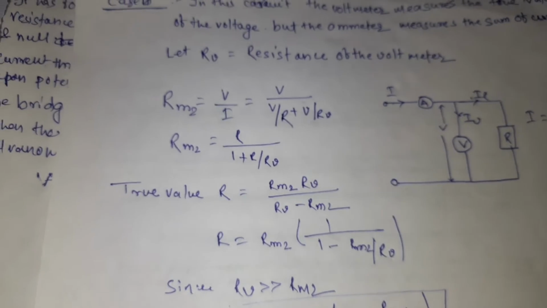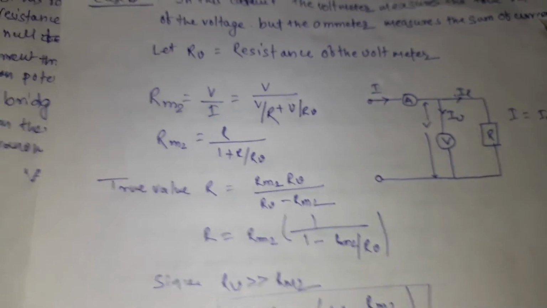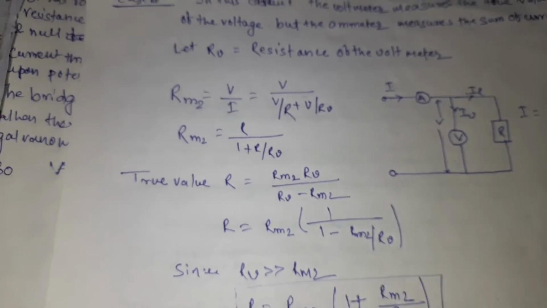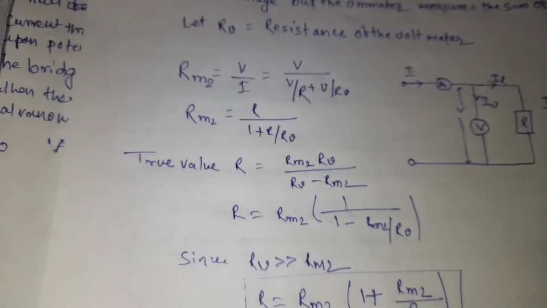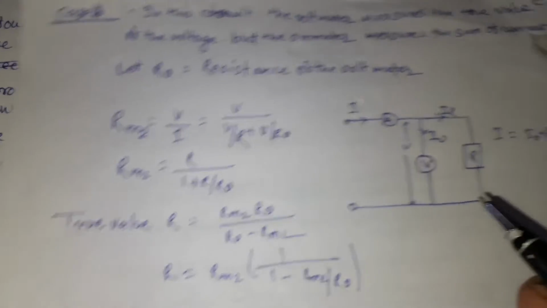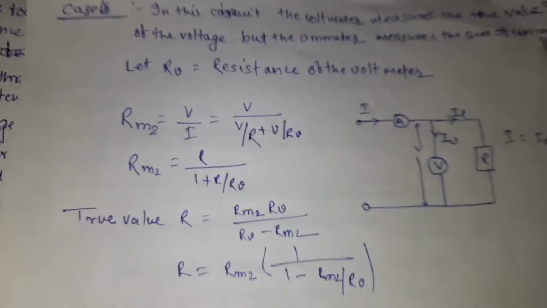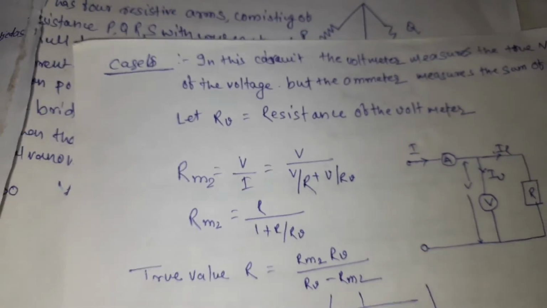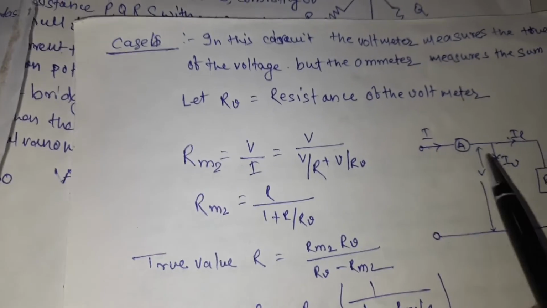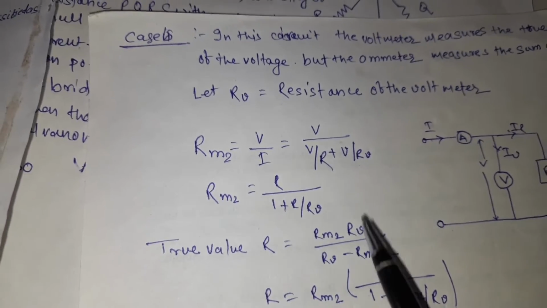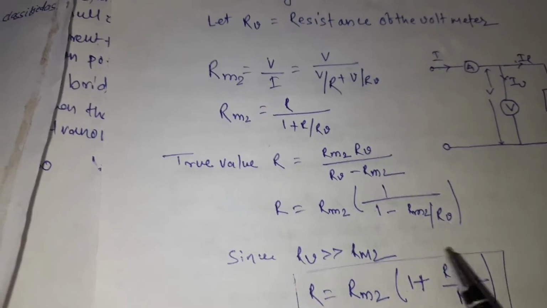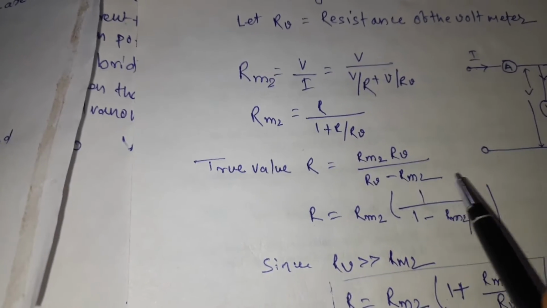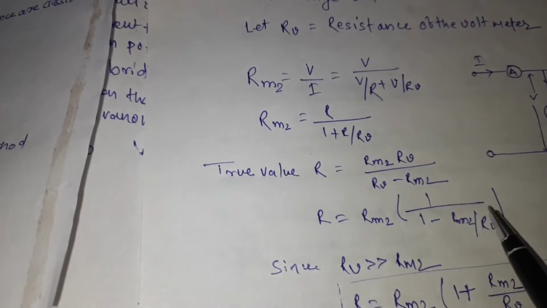It reads the actual current through the load plus the current through the voltmeter, because the voltmeter has some internal resistance. Let RB be the resistance of the voltmeter, and RM2 equal V by I. The true value is R equal to RM2 into RB by RB minus RM2.